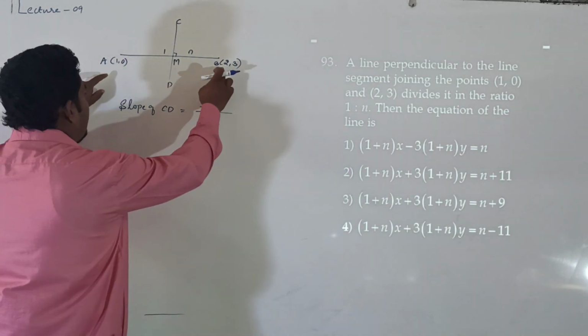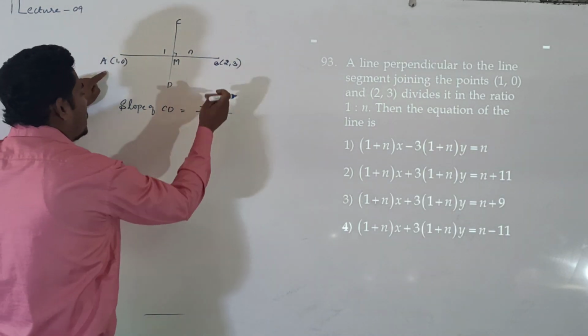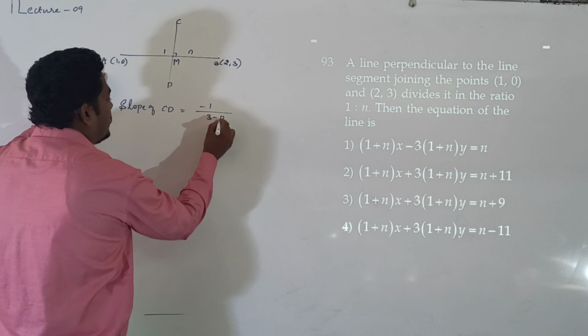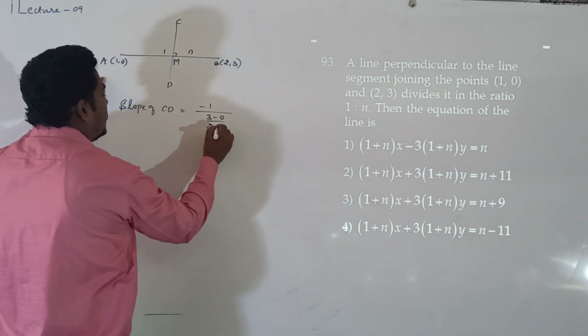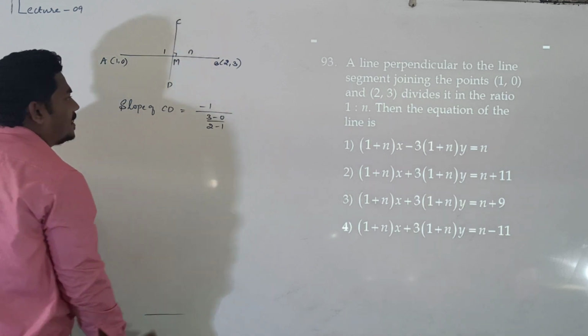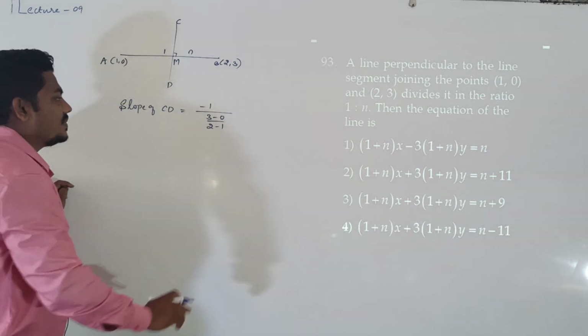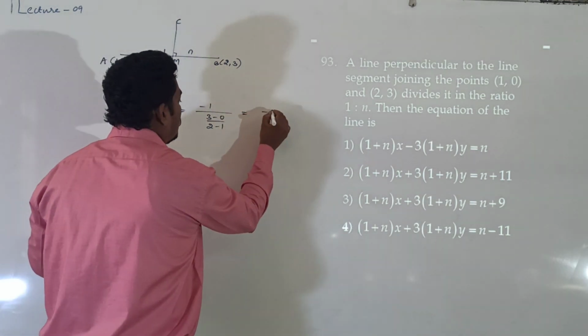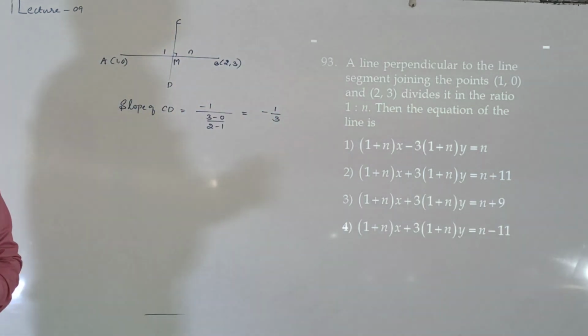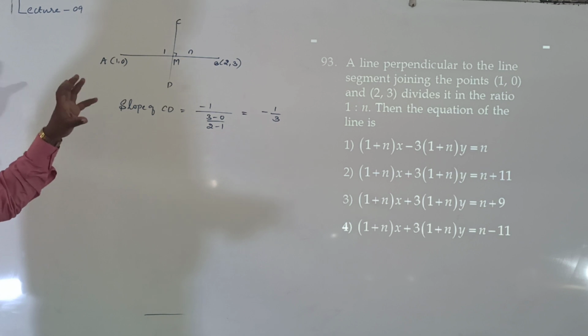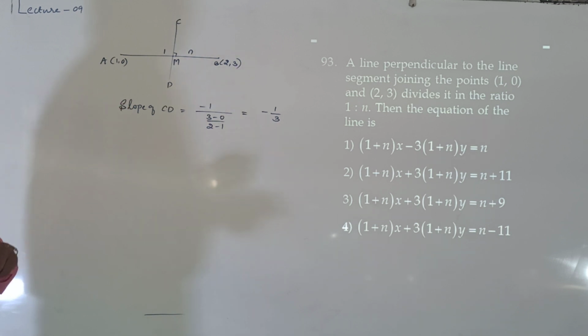So -1 divided by slope of AB. What is the AB slope? That is 3 minus 0 divided by, means y2 minus y1 divided by x2 minus x1, that is 2 minus 1. That's equal to -1 divided by 3. Slope of the CD line is -1 divided by 3.